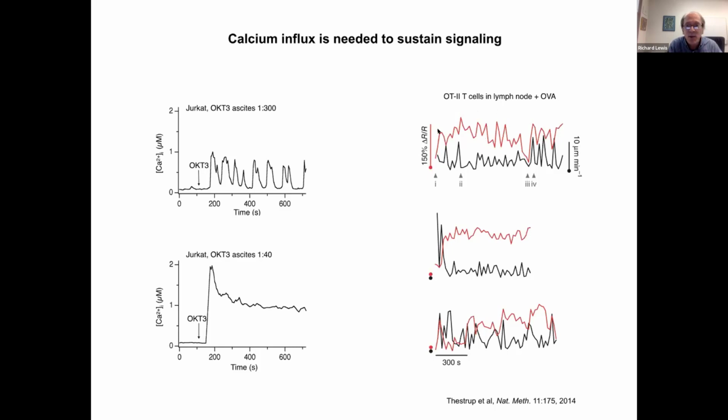What you can see in the red traces are the calcium signals, which are sustained for quite long periods, tens of minutes, with some fluctuations that seem to correlate high calcium with low motility and vice versa, suggestive of a stop signal that may be calcium dependent in these cells.